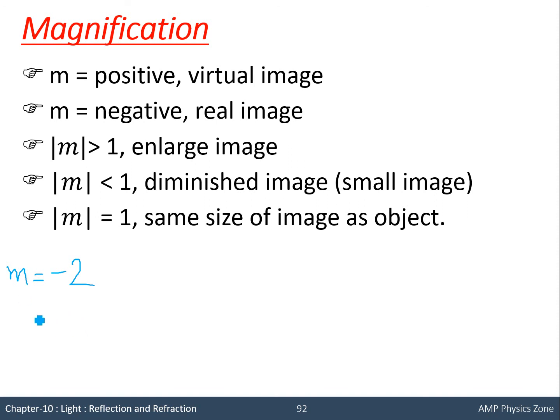Now suppose magnification is plus 0.5. As it is positive, the image is virtual, and the value is less than 1, so diminished. So the image will be virtual and diminished. Okay, in this video we will keep it till this only.